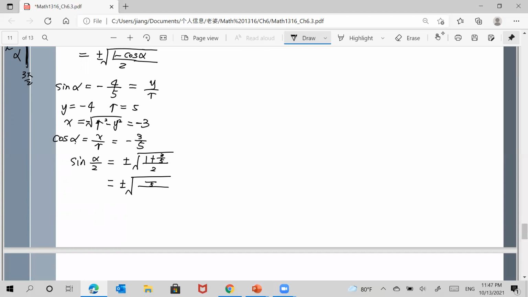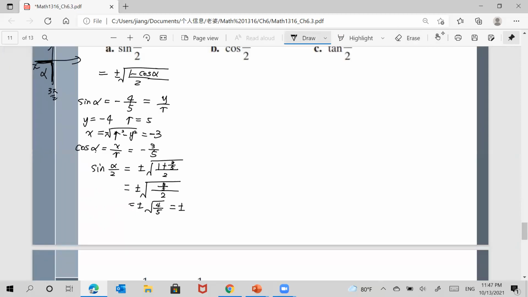So 5 plus 3 is 8. 8 over 5 over 2. So this term times 1 over 2. That's plus or minus square root of 4 over 5. That's plus or minus square root, oh sorry, that's 2 over square root of 5.